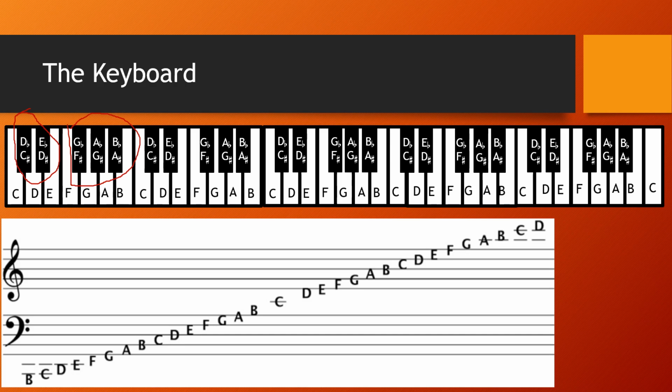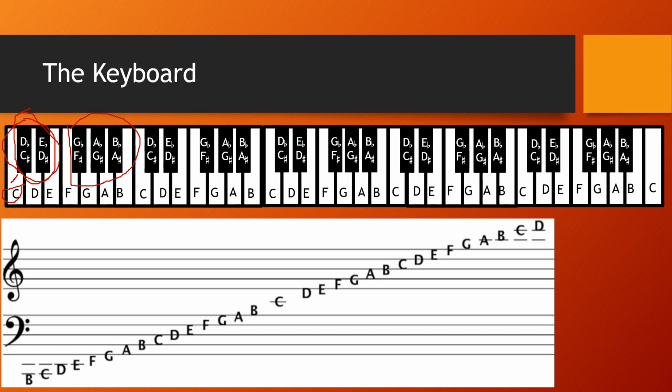This enables us to identify the keys on the keyboard easily. For instance, to identify the key of C, carefully locate the two black keys and come down a half step backwards. You see the key of C.